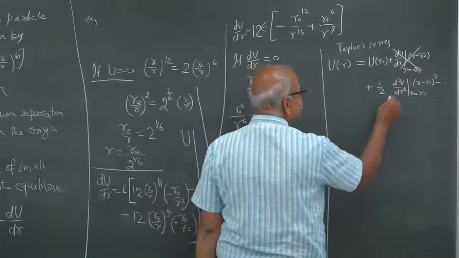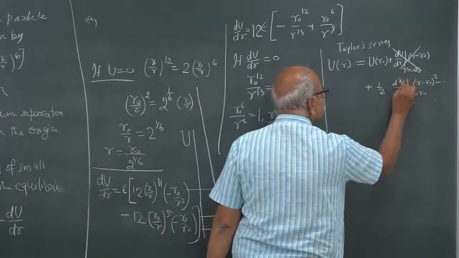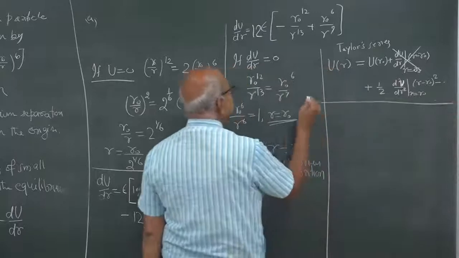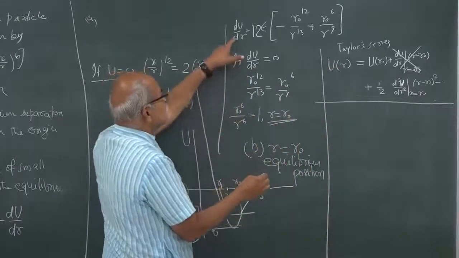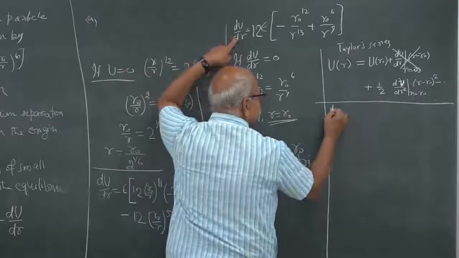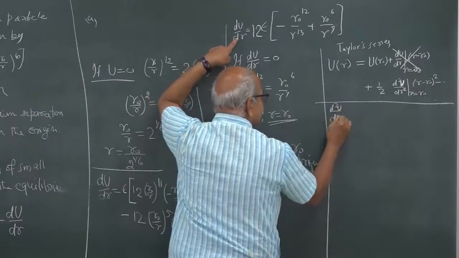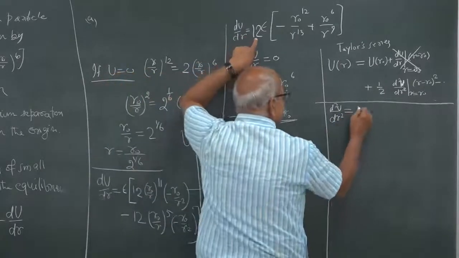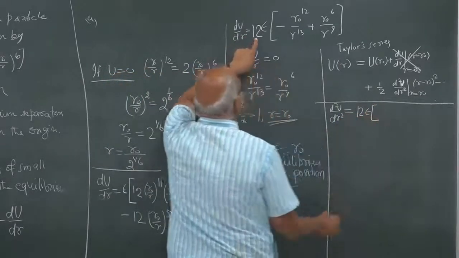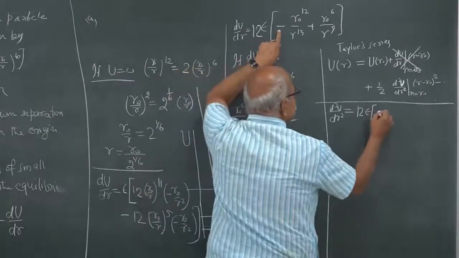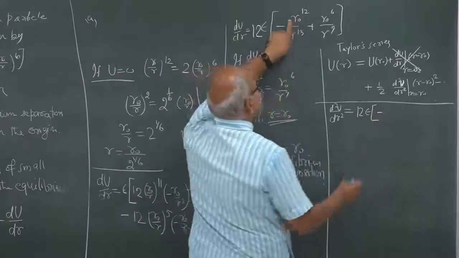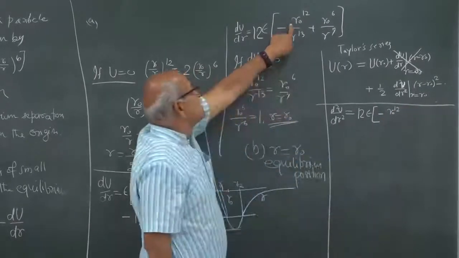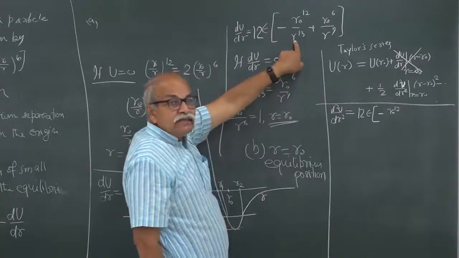We can do that. So, let us calculate what is d2u dr square equal to 12 epsilon, minus r naught to the power 12, and then you have to differentiate r to the power minus 13.